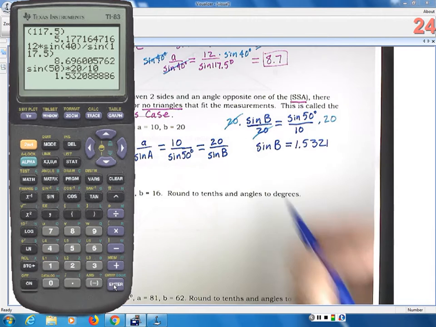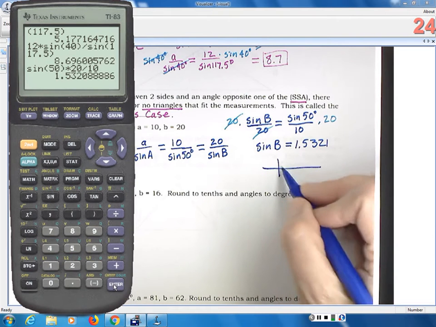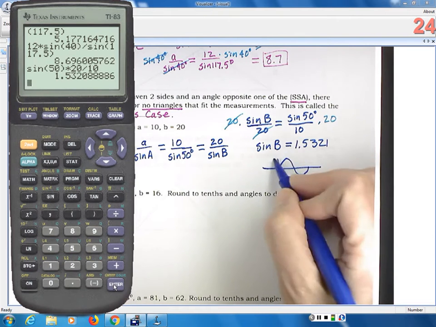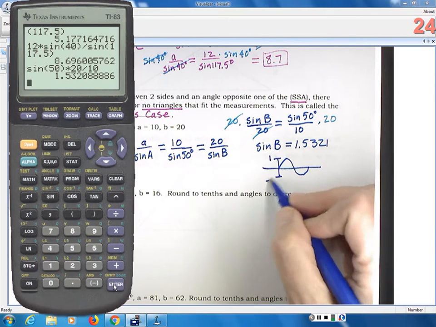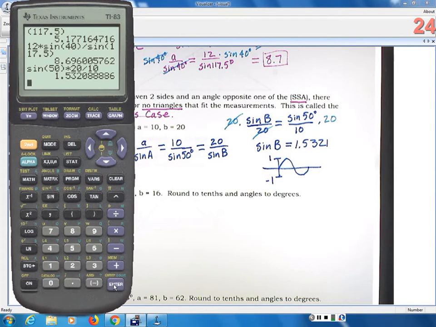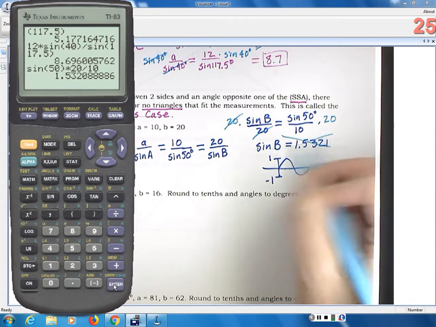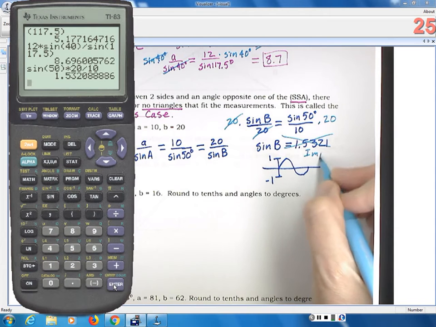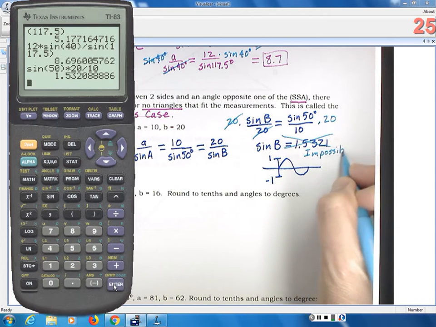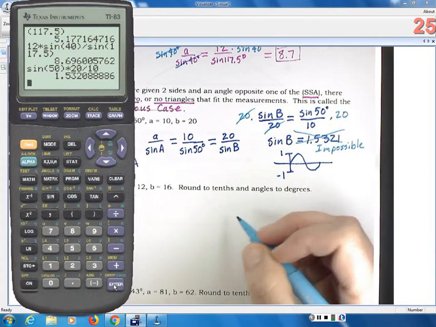Now, here's the sine function. And it goes from 1 to -1. So can we have an angle B that has a sine that's over 1? No. Or you could try sine inverse. If you don't remember that, it's going to give you an error. So this is impossible. So there's no solution.